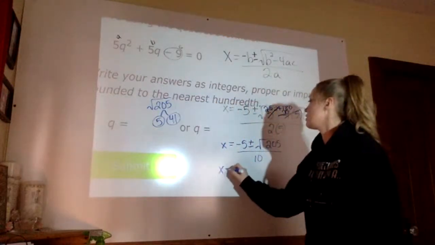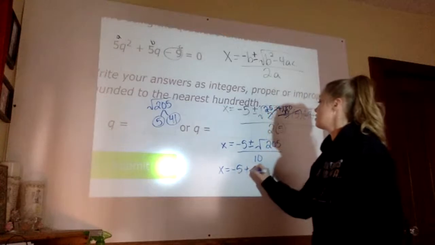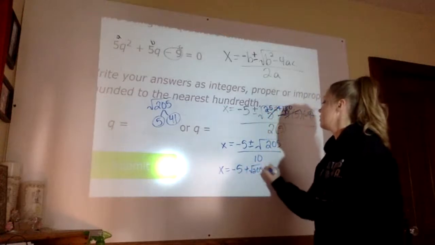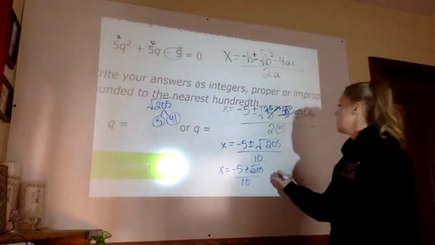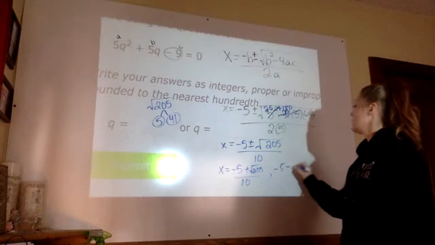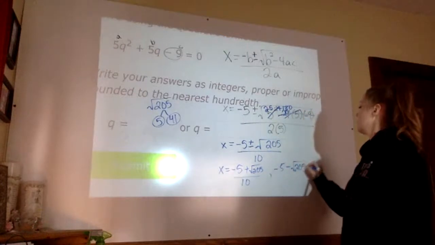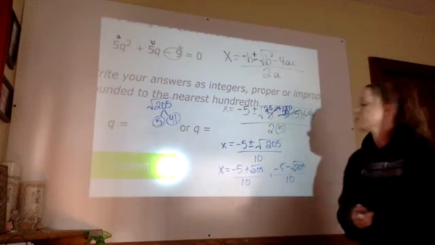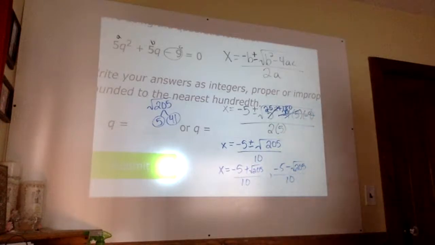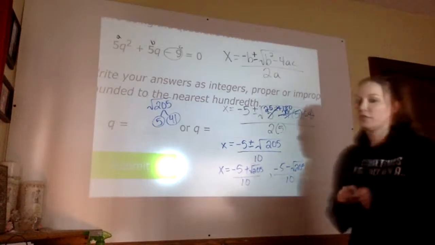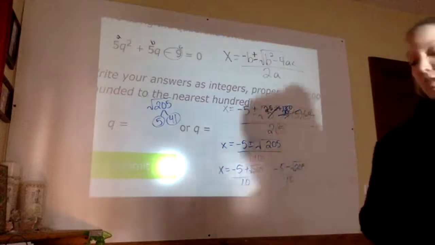So we've got x is equal to negative 5 plus the square root of 205 over 10, and negative 5 minus the square root of 205 over 10. And now I'm going to need to find the decimal number for this.